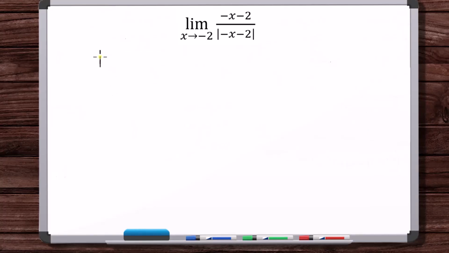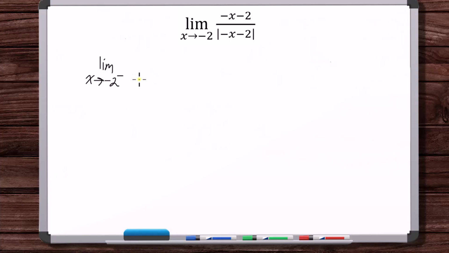It's each of the one-sided limits of this function. So x approaching minus 2 from the left. In that case, if x is anything less than minus 2, then this expression, this minus x minus 2, is always positive.